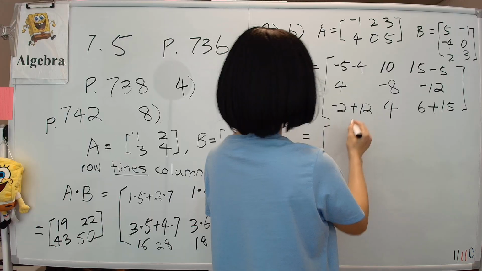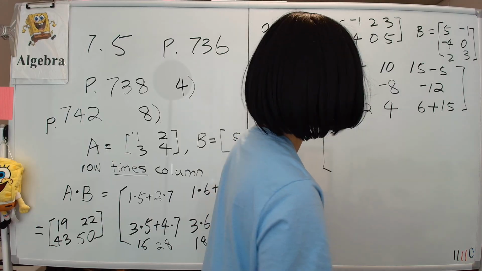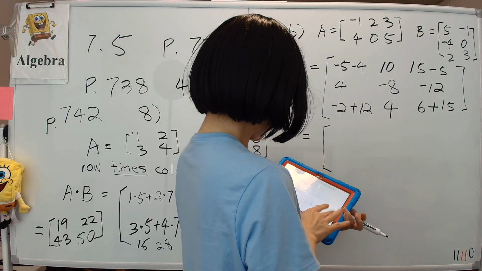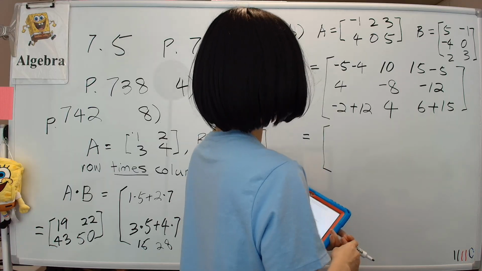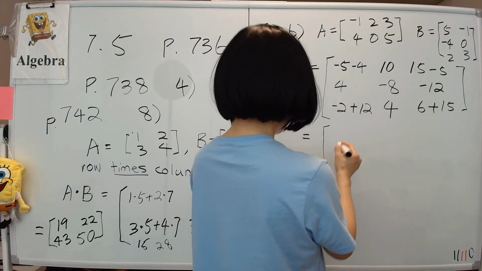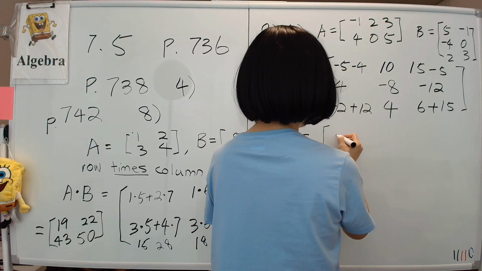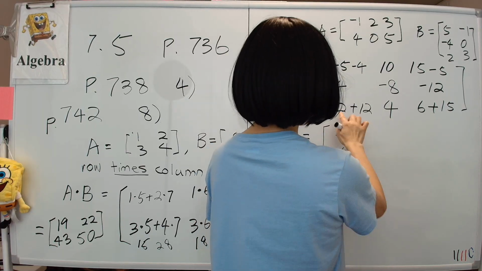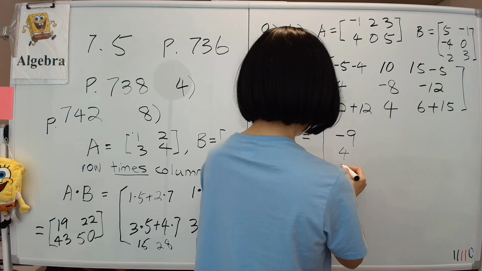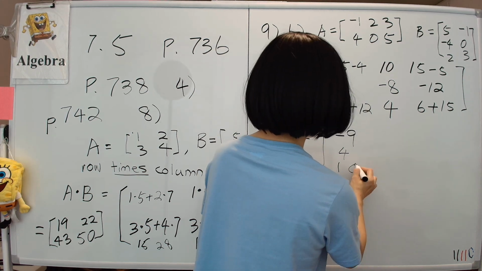But we have to finish the calculations. Let me check, make sure I got it right and that I didn't mess up. Okay, the answer should be minus 9. So far so good. Okay, minus 9 from there, 4. That's good. Minus 2 plus 12, that's 10. Okay, I'm correct so far.